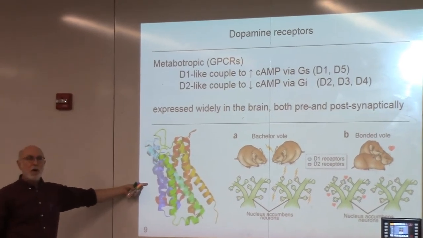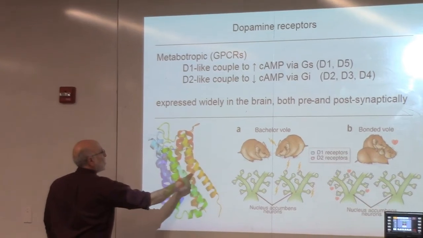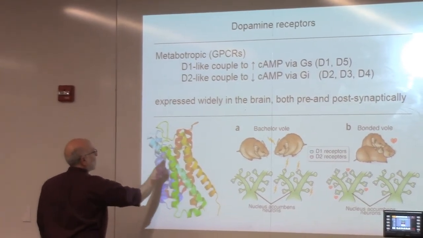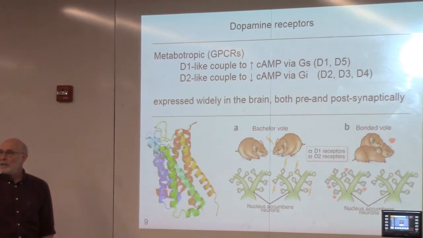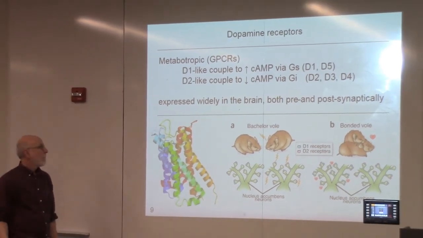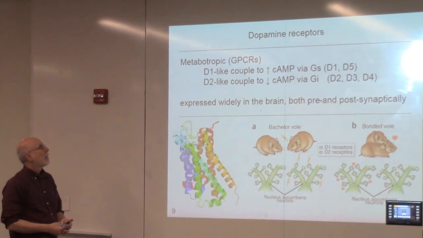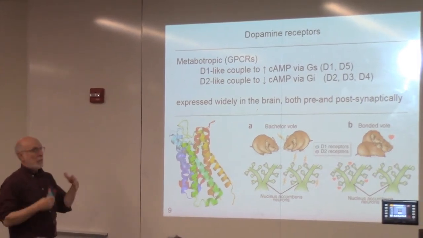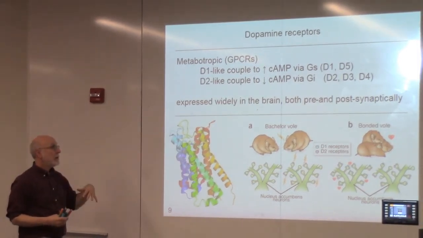Dopamine receptors are all GPCRs. 1, 2, 3, 4, 5, 6, 7 helices. Expressed widely. Some are excitatory, some are inhibitory.